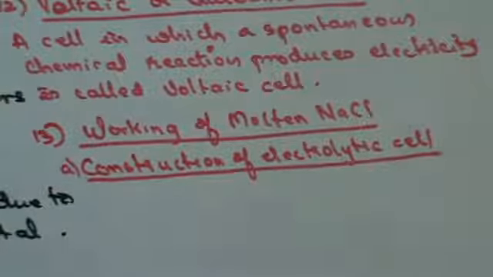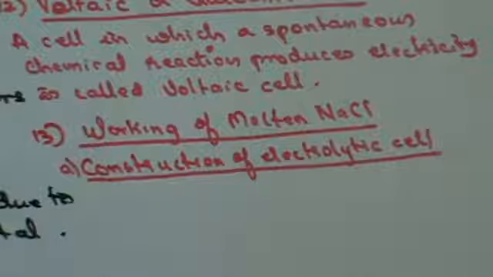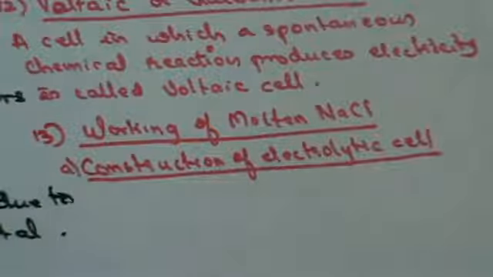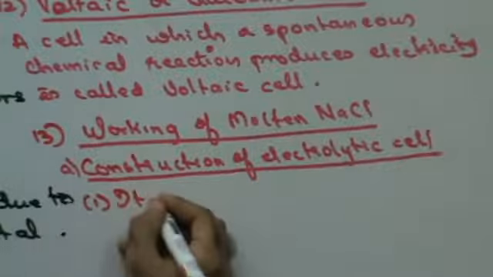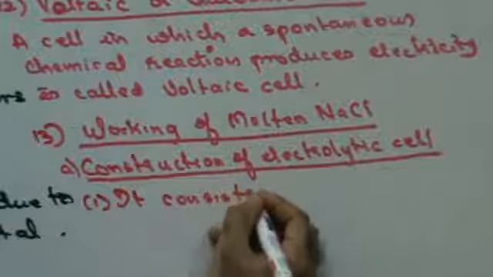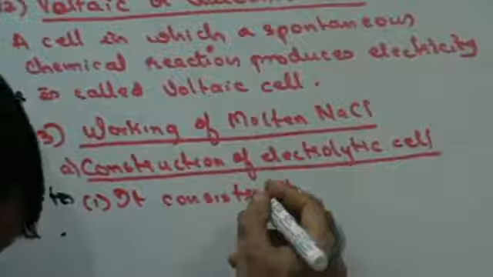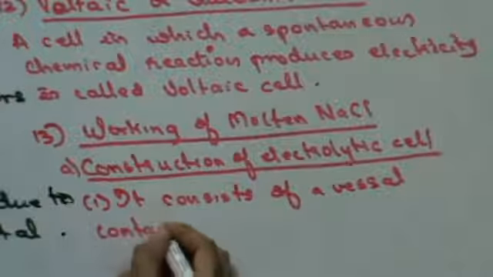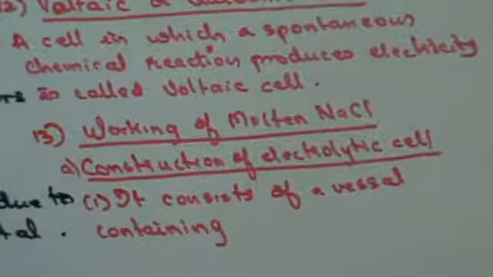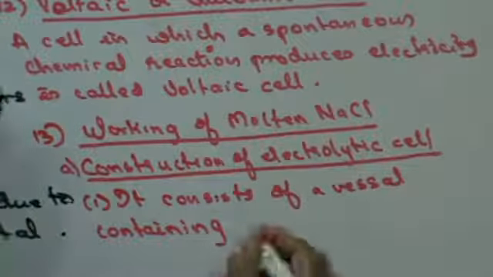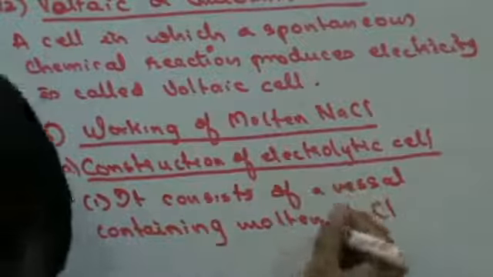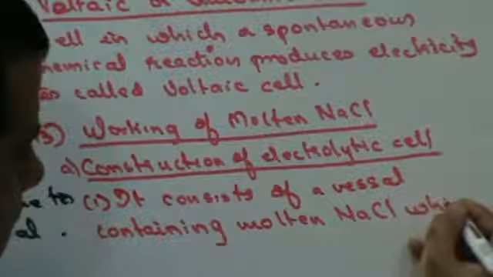Now, what does it consist of? It consists of a vessel containing molten sodium chloride with two graphite electrodes dipped in it.